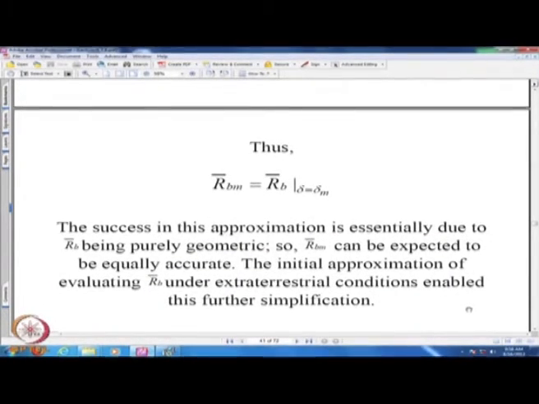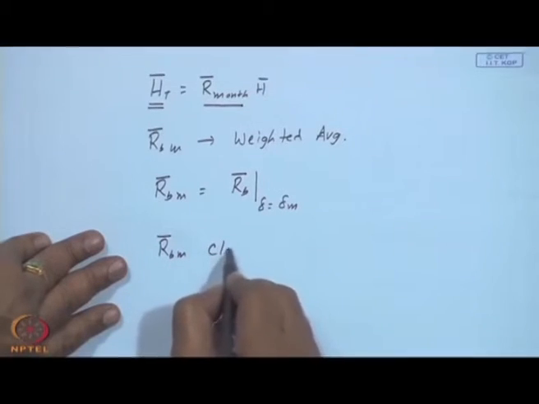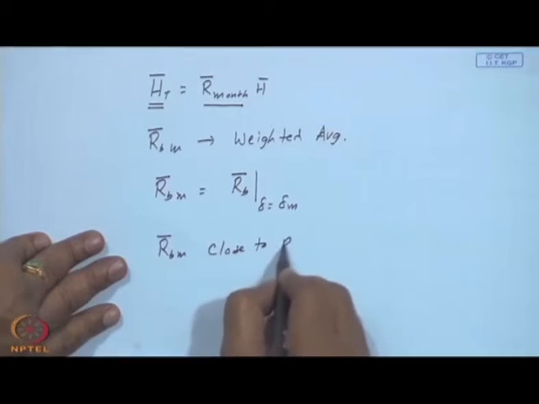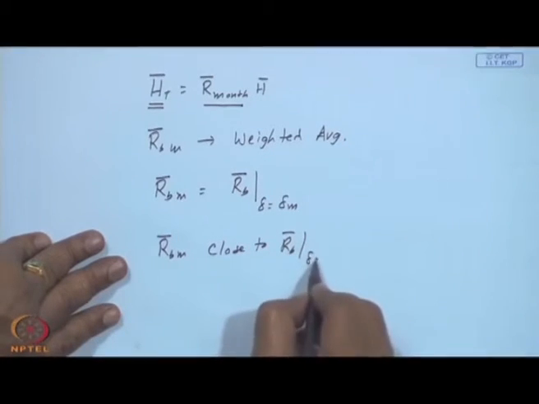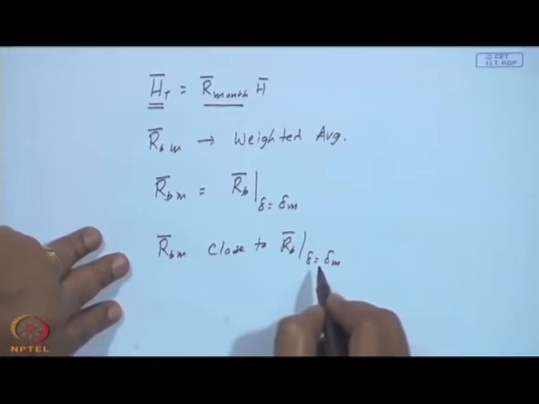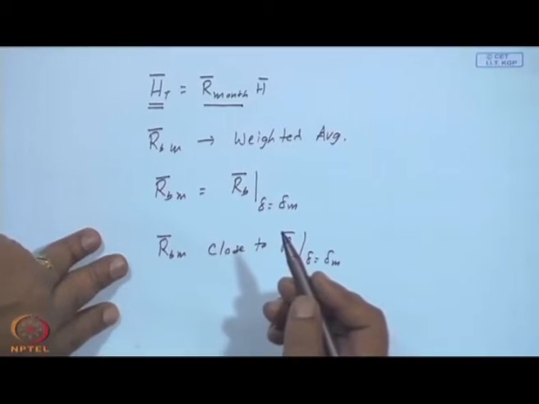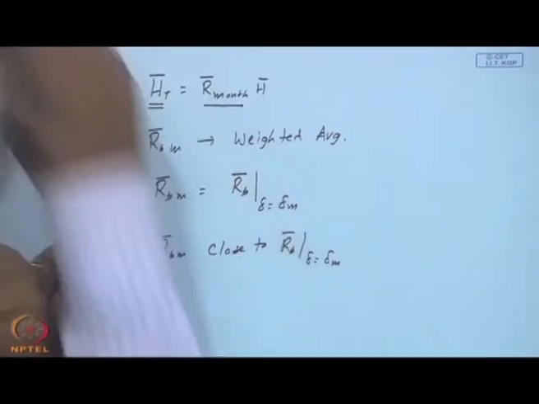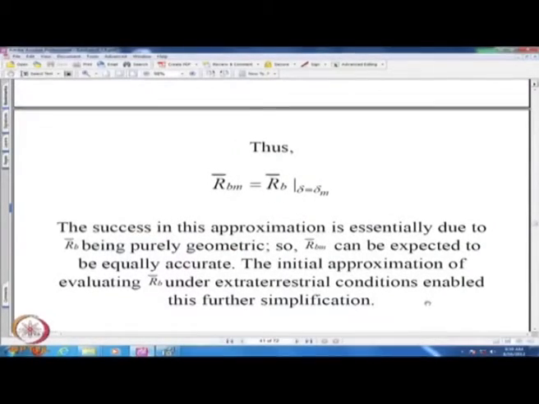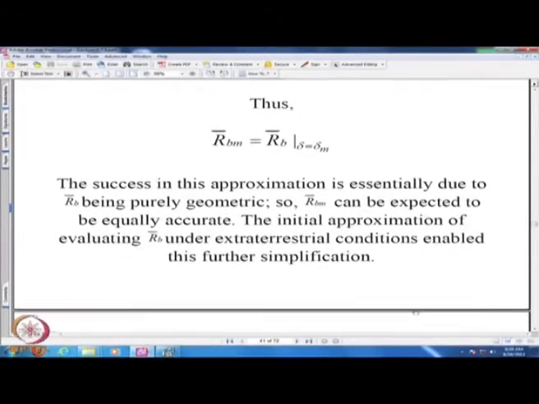Now, this R_B bar m is close to R_B bar evaluated with delta equal to delta m, which has been verified with the data of 30 or 31 days. In other words, essentially you sum up the earlier relation, get R_B bar m and compare with the value that you obtain as if it is a single day, but with declination being delta m.